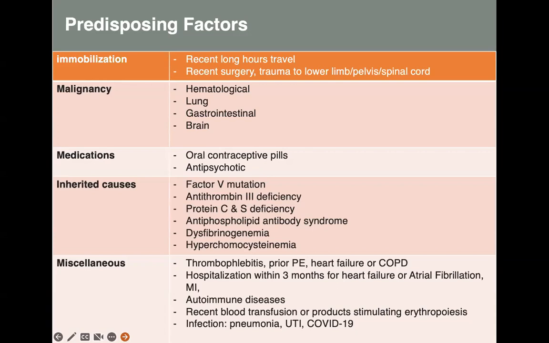Another risk factor could be malignancy. Hematological malignancies, and lung, gastrointestinal, and brain tumors have a high risk of causing thrombi.